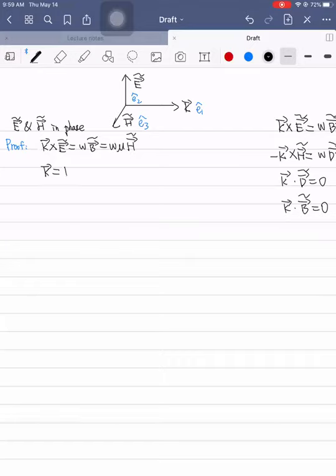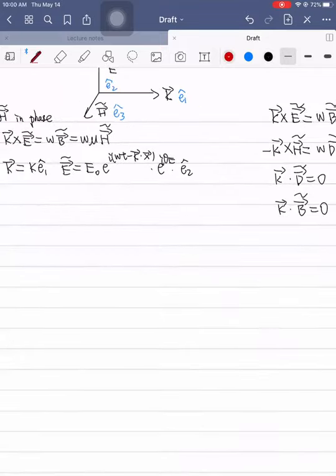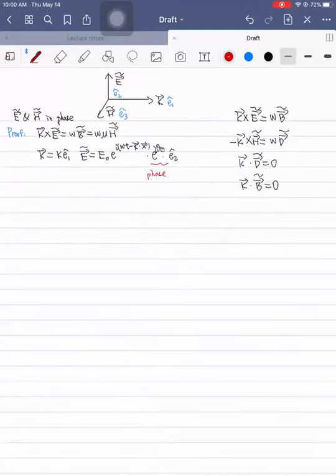K can be written as this amplitude multiplied by this directional vector, and E can be written as this amplitude multiplied by its directional vector, and here I add a phase term, because at first we don't know if E and H are in phase.